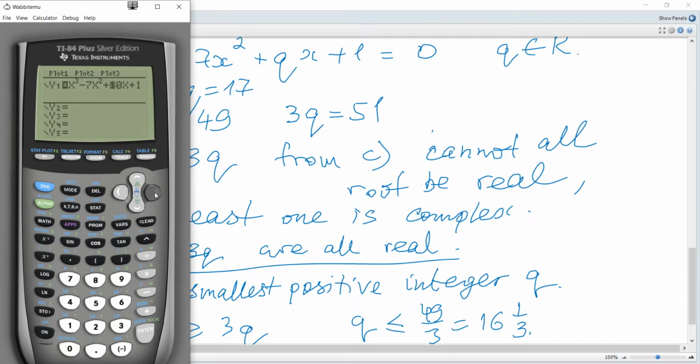So let's consider 11, and you can see that this minimum is moving up, and we need just more.